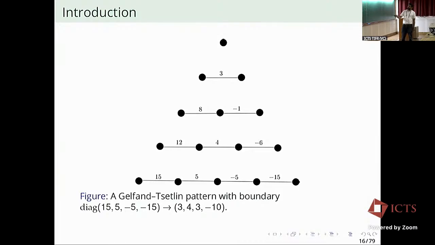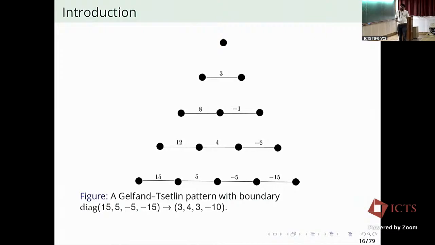Similarly, this sum minus this sum is 3, this sum minus this is 4, and this sum minus 0 is 3. So I'll tell you in a second what the underlying connection is.